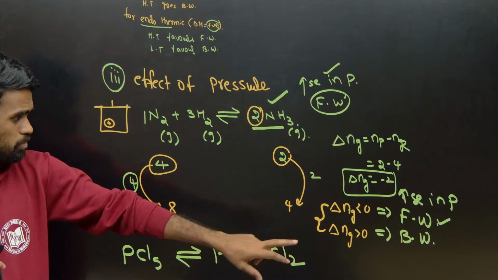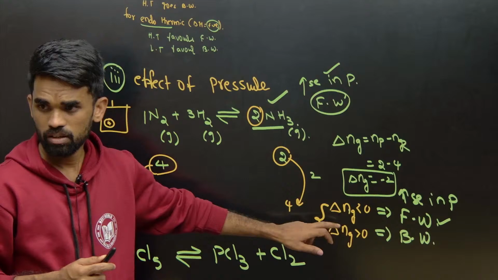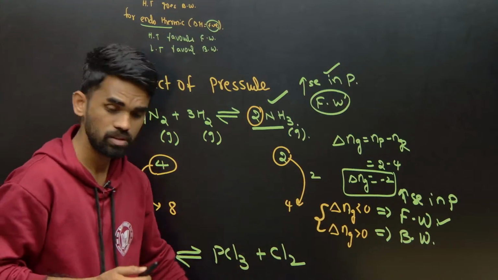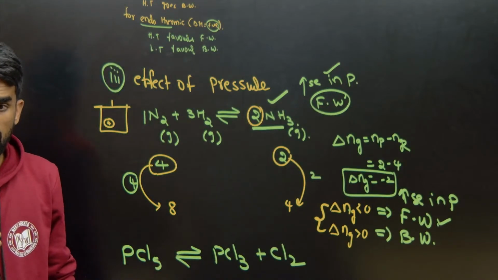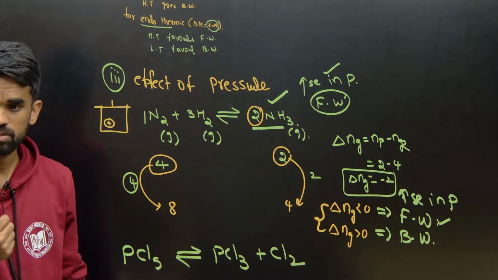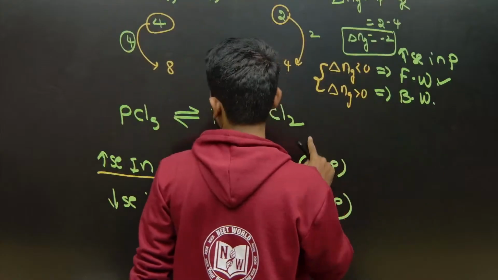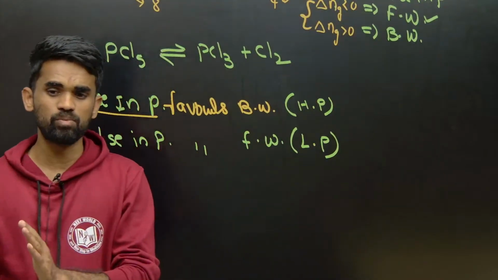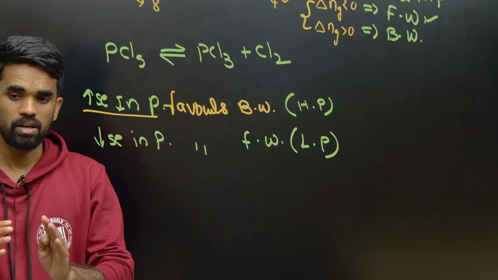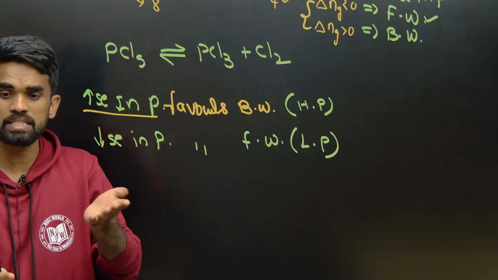For association, increase in pressure is forward; for decomposition, increase in pressure is backward. Always remember, the side with the lesser number of moles is the one favored by increase in pressure.